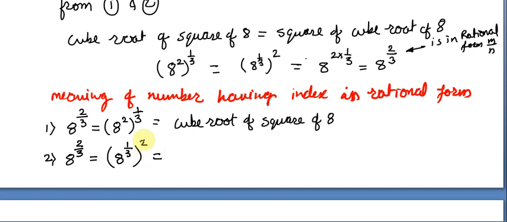So start with outside index: square of, and inside 1 by 3 means cube root of 8. In both ways we can express the given number with rational index like this.